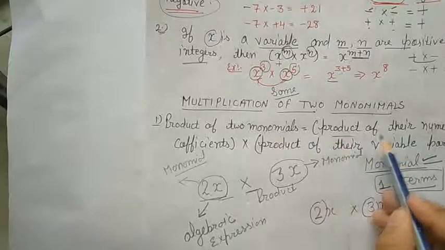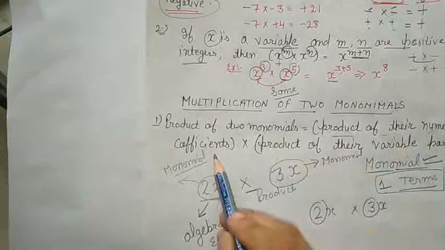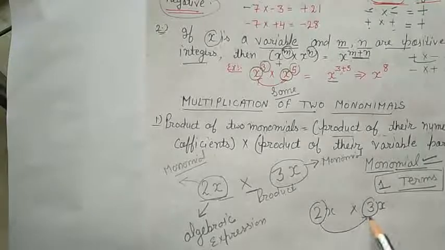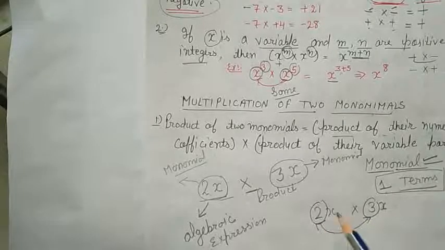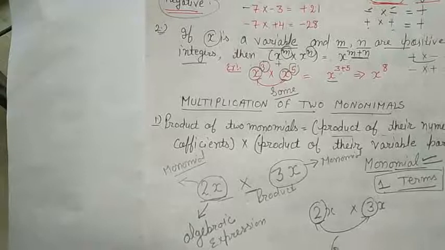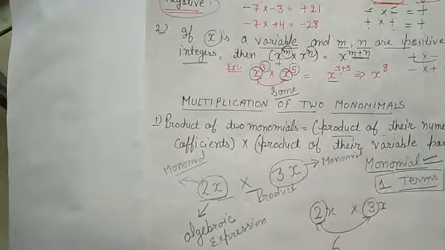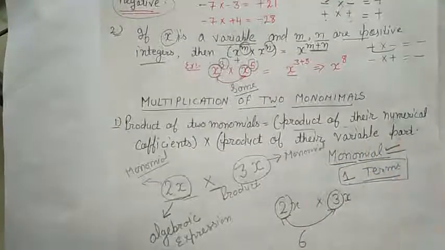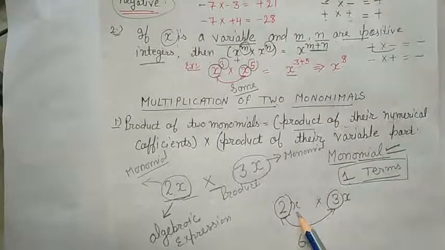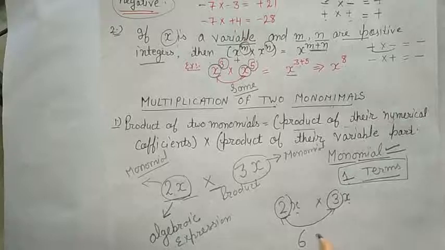Firstly, we will take the product of their numerical coefficients. सबसे पहले हम इनके coefficients की multiply करेंगे. 3 2s are 6. After that, the product of their variable part. Variable is x, so we will write x here.